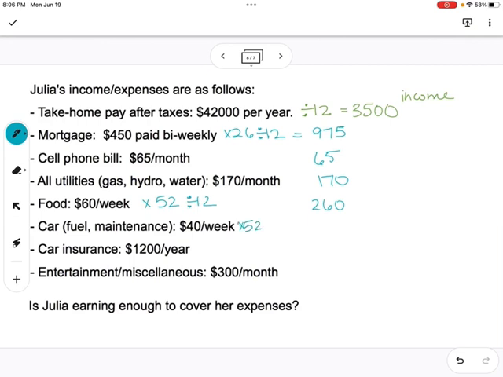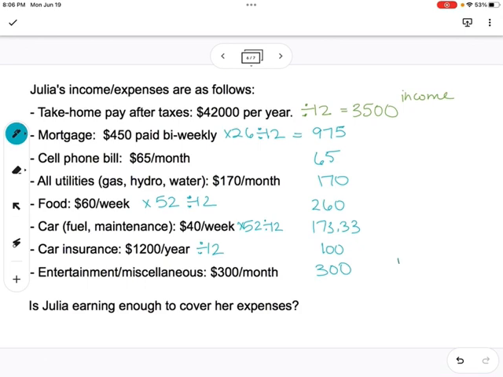Multiply by 52, divide by 12. Car insurance is $1,200 per year. That yearly amount we're going to divide by 12 to get monthly. And entertainment and miscellaneous is $300 per month.